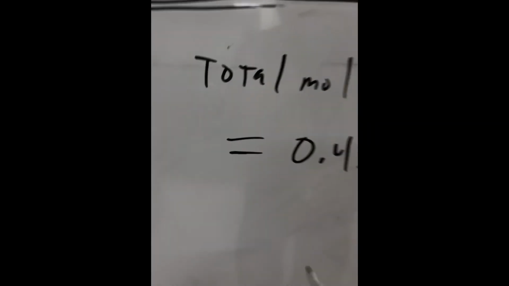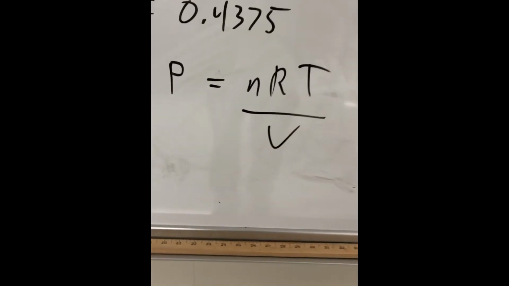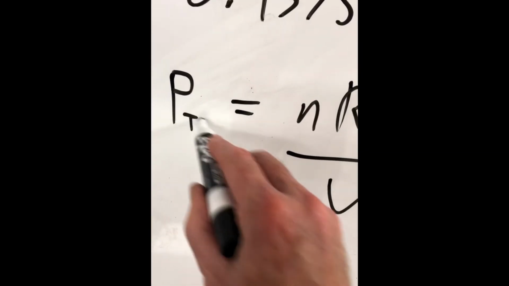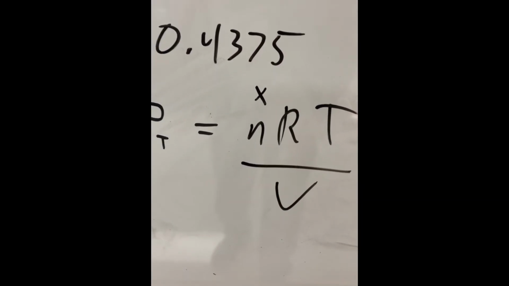One more time, P equals nRT over V. Total pressure, this quantity, has not changed as we just saw.